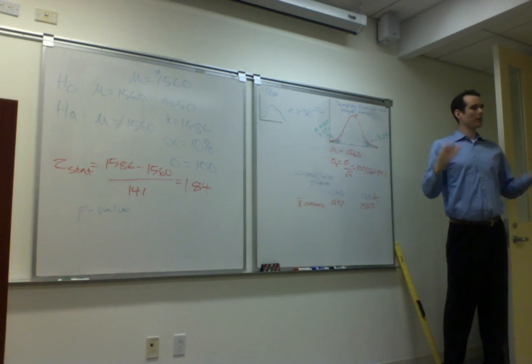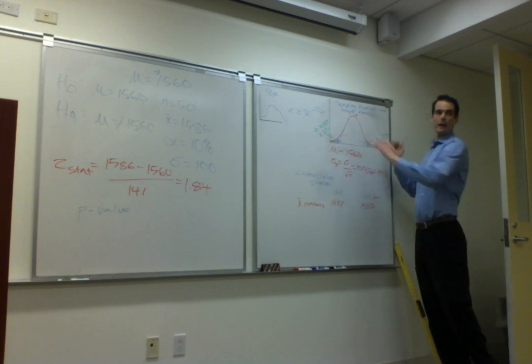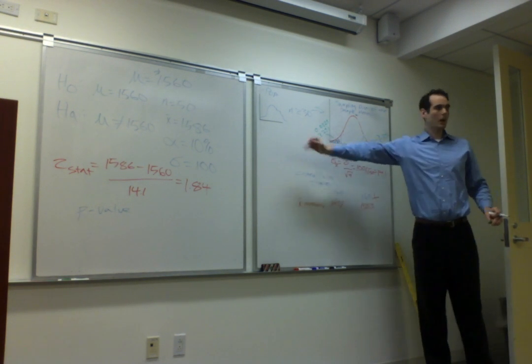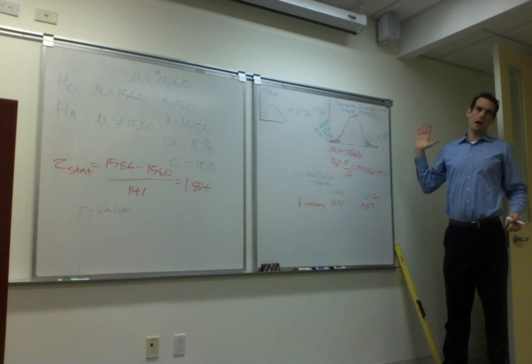In determining the p-value, we need to account for both sides. It could have been really extreme low. It could have been really extreme high.